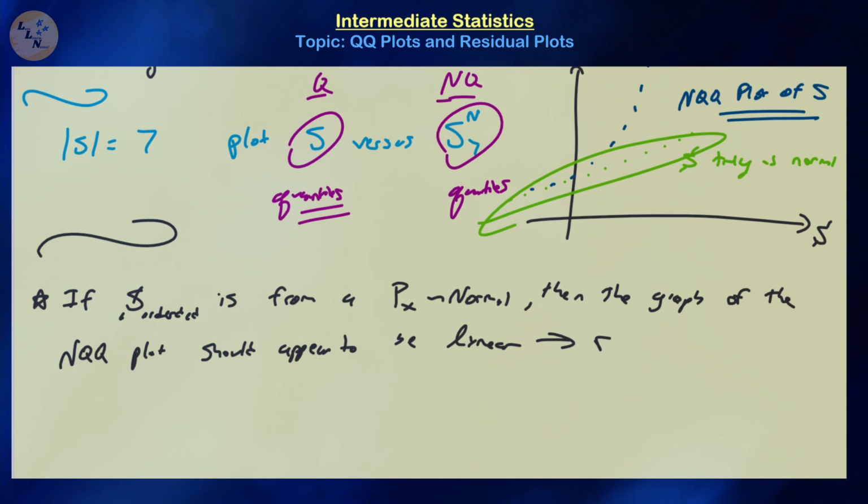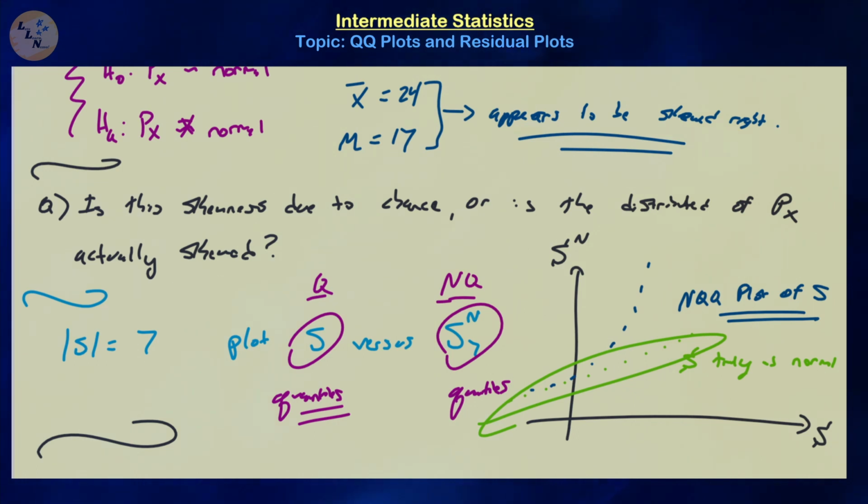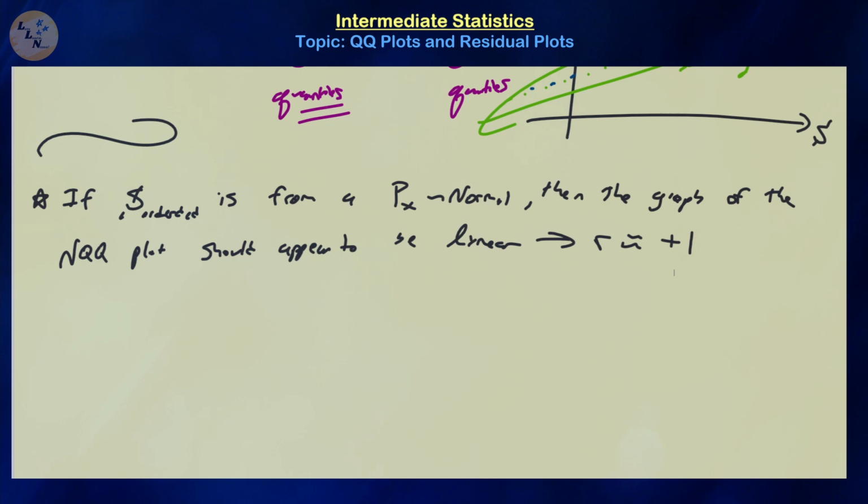That is, r should be approximately positive 1. Generally speaking, we could consider the case where r is equal to negative 1, but we're ordering both of these sets from least to greatest, therefore there should not be any possible reason for why the correlation will come out to negative 1.